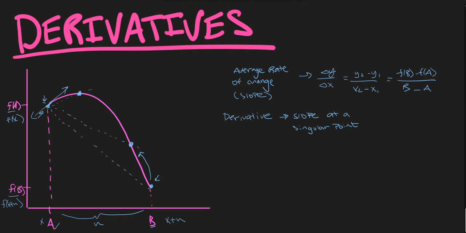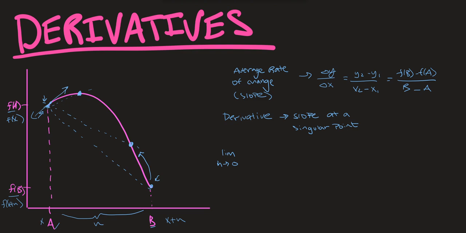Now, in the previous videos, what did we learn that would let us get really close to that point? Limits. And all we have to do is take the limit as the distance between these 2 points, h, approaches 0, so that the distance becomes essentially 0. And we get this tangent line at that point.